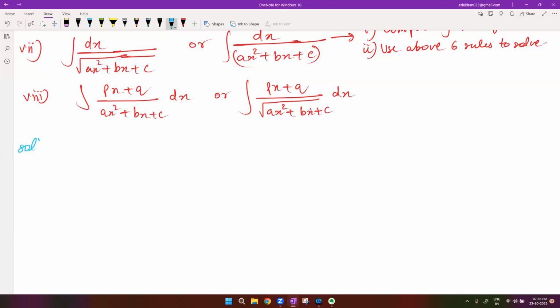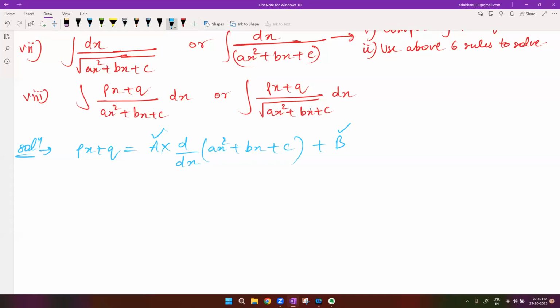How to solve this? We need to convert this px plus q, this linear form, into something of its differentiation: a times the differentiation of ax square plus bx plus c, plus b. We need to find this a and b.